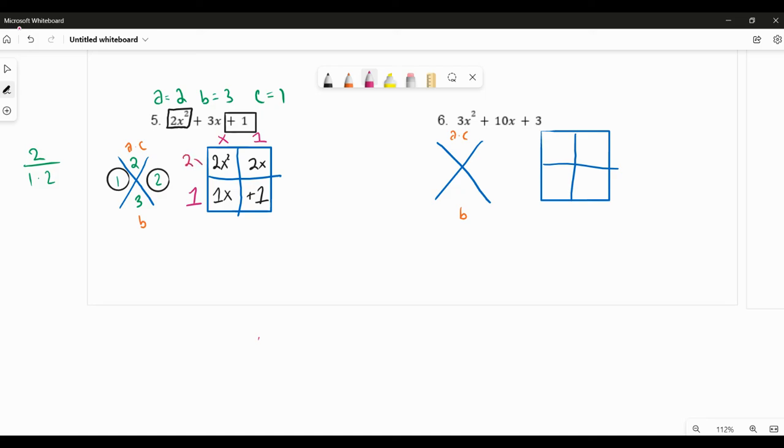Well, that's going to be 2x. And so with a little bit of backwards thinking, we can get our 2 things put together. And our final step is to write this in factored form. So 2x plus 1 times x plus 1 is the factored form of this polynomial.